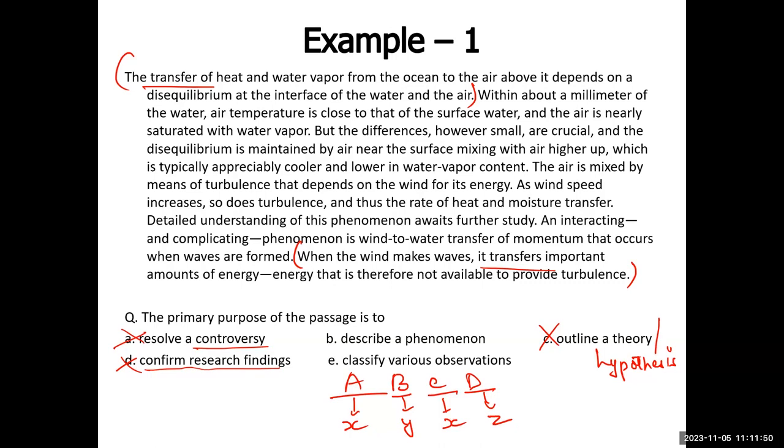No, that is not what he's doing. So number E also will not work. So what is it doing? He's telling you about transfer. What does it depend on and how it happens? So he's describing an event. He's describing a phenomenon. And that is why we can come to the answer B. So we have made a guess, but it's an intelligent guess that we are making.